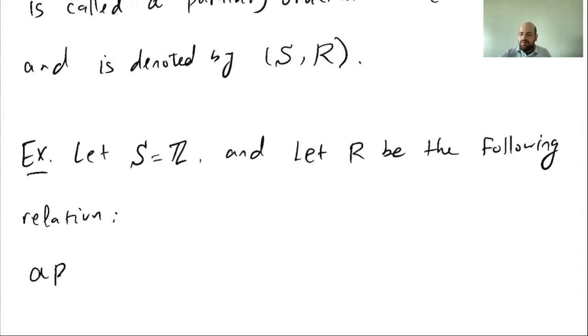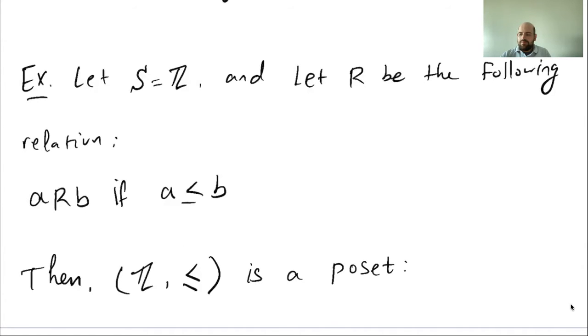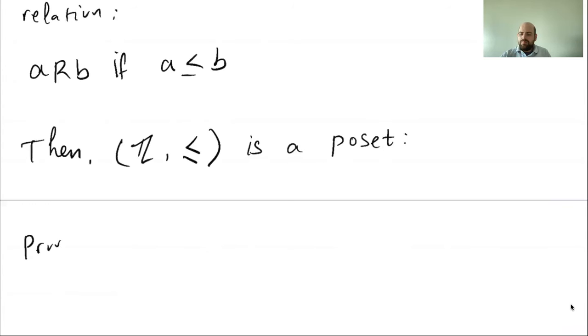So let's say A R B if A is less than or equal to B. Then Z together with this less than or equal is a poset. So the reason or the proof. Okay, so a set together with a partially ordered relation is called a poset.